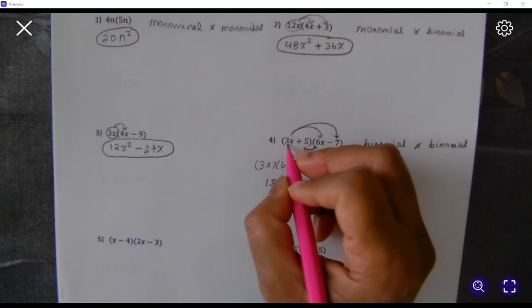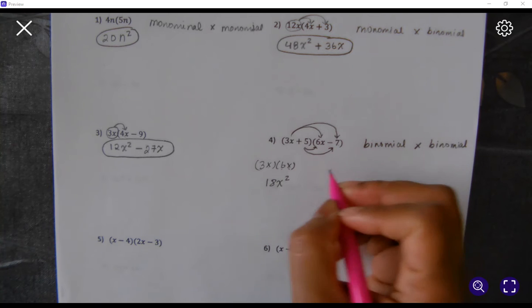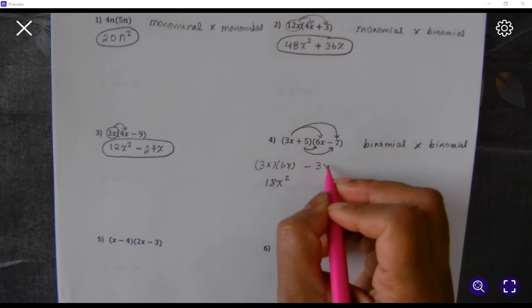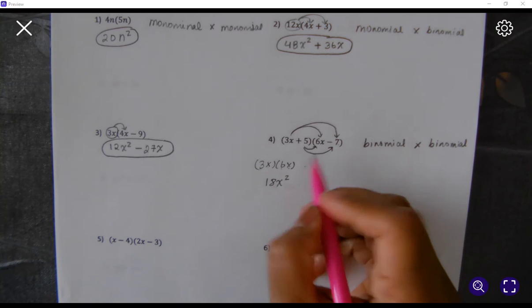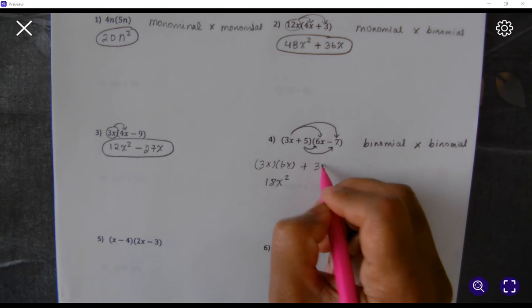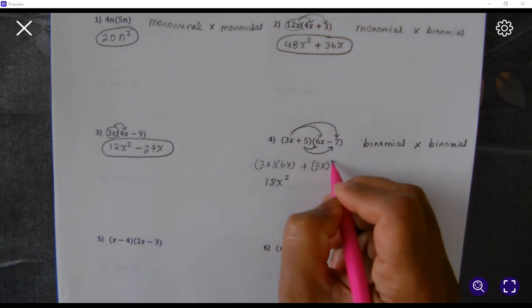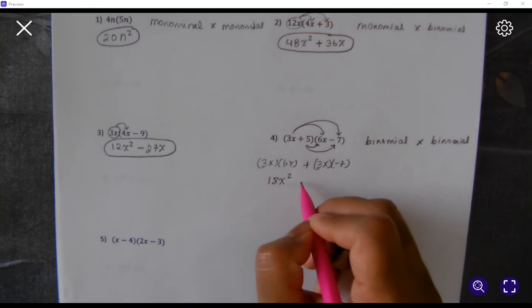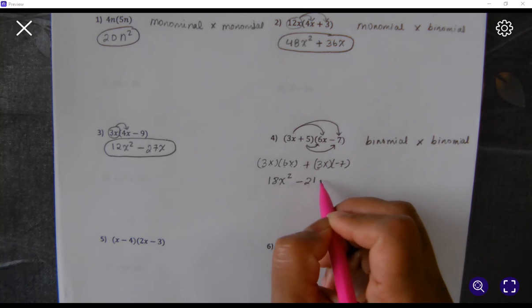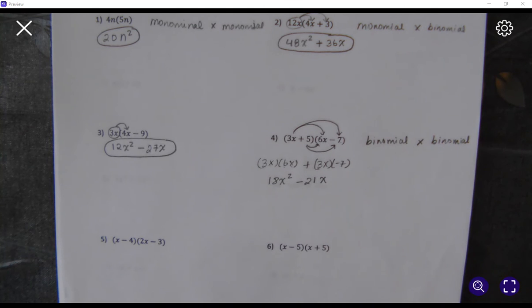And then plus 3x times negative 7, so 3 times 7 is negative 21, and then you have your x.